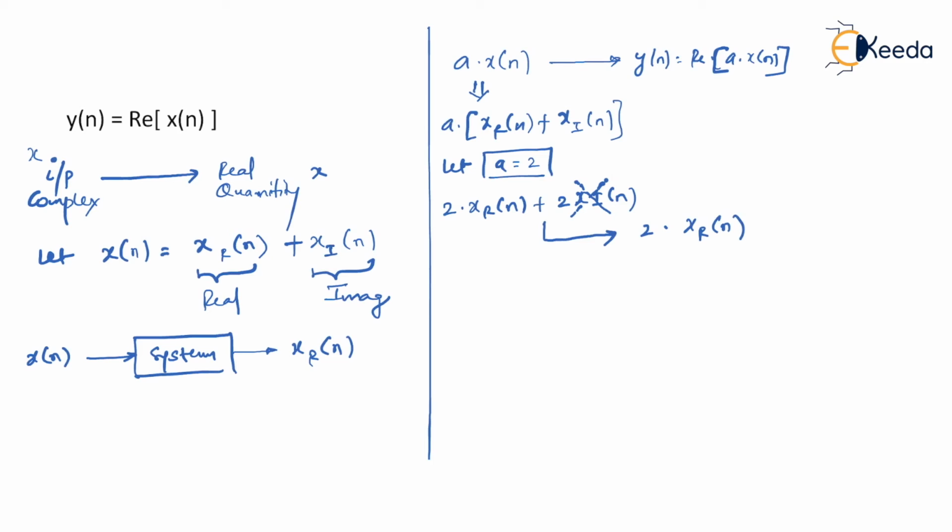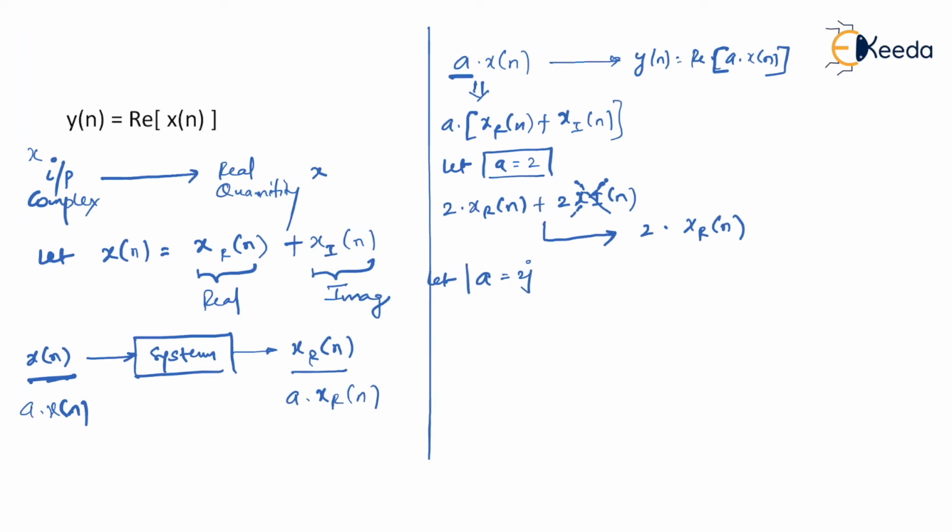So as you can see, with x of n as input, it gives you xr of n, and with a times x of n, it gives you a times xr of n. So in a way, it is satisfying this homogeneity property. But if you remember, I told you when I say a as constant, this constant can be a complex constant also. I mean, it can be a real value, it can be an imaginary value, or it can in fact be a complex value also.